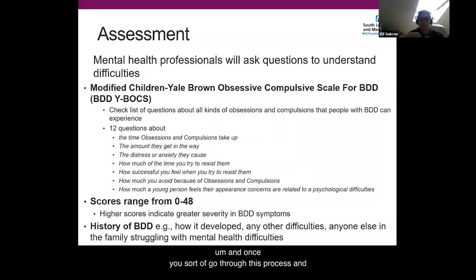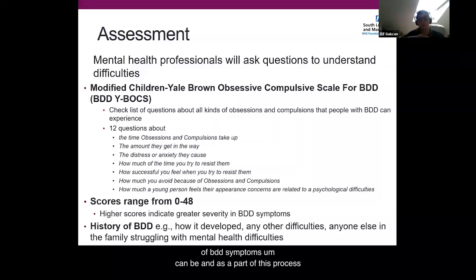Once you go through this process and spend some time answering these questions and thinking about your BDD as carefully as possible, this will indicate a score that ranges from 0 to 48. And we know that the higher the score, the greater the severity of BDD symptoms can be.